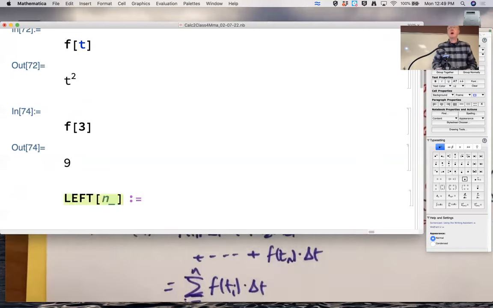I could start this way. Left of n, with square brackets, not parentheses, is going to be a function that I'm about to define that's going to give me the left-hand sum for any value of n that I want. What do I need to do?